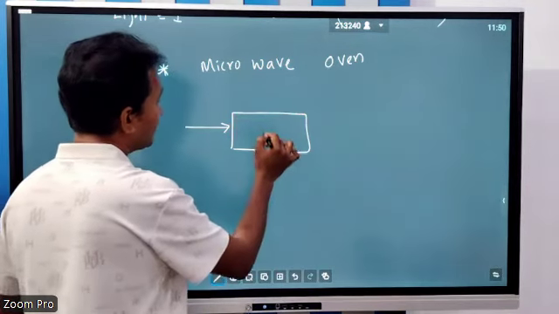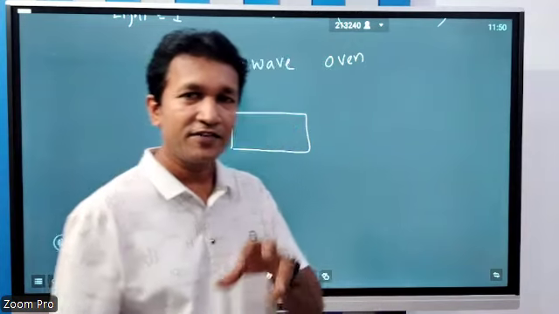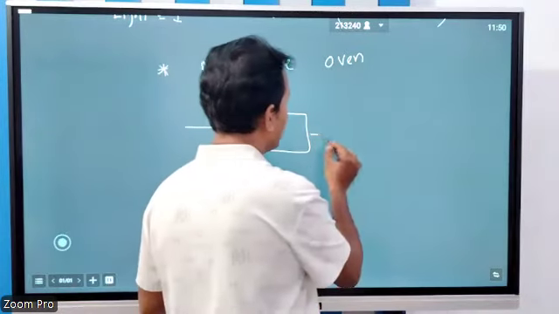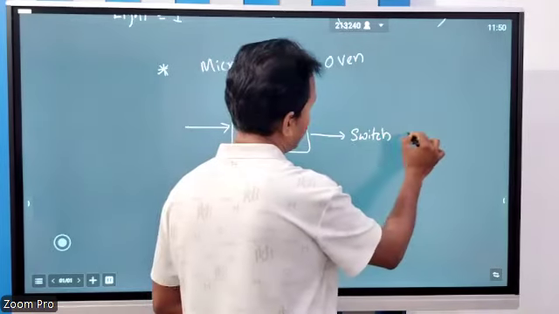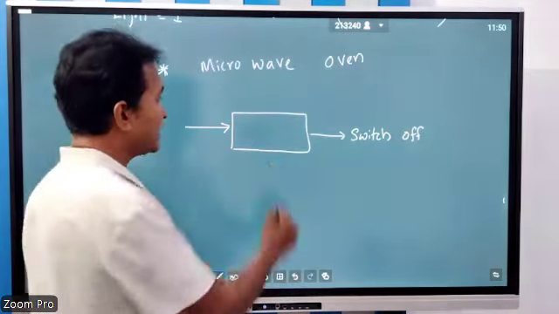When it comes to the expected temperature, right, it will automatically switch off.